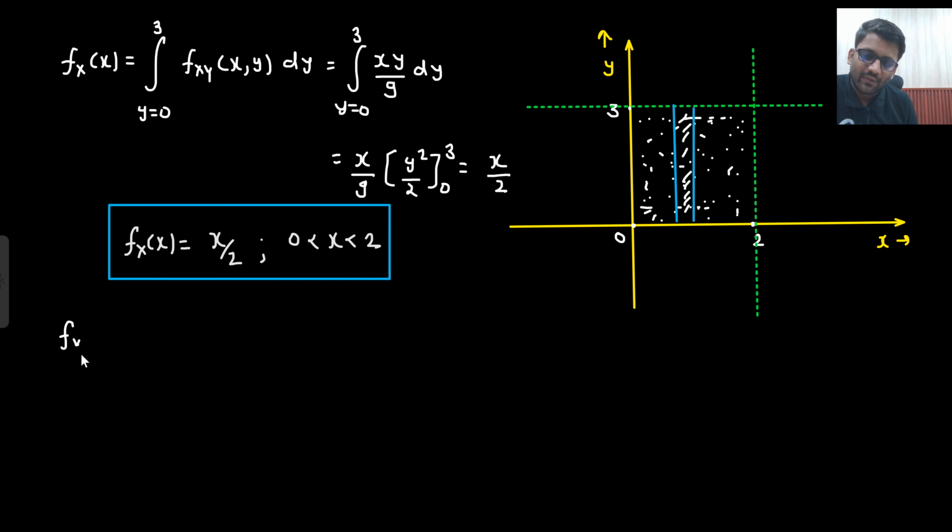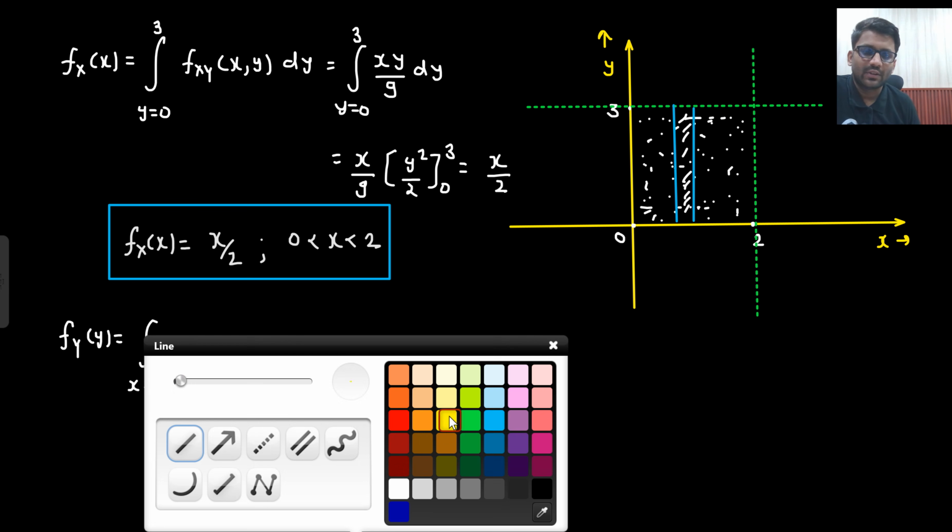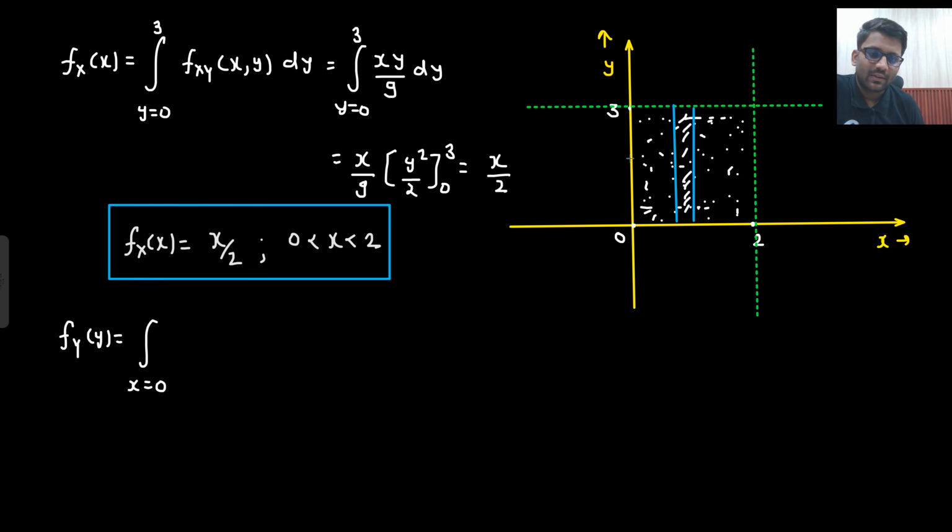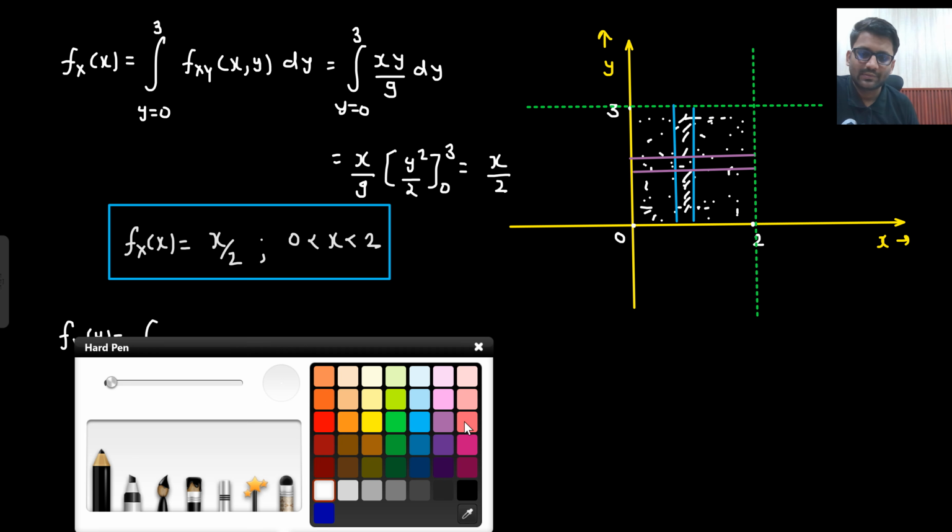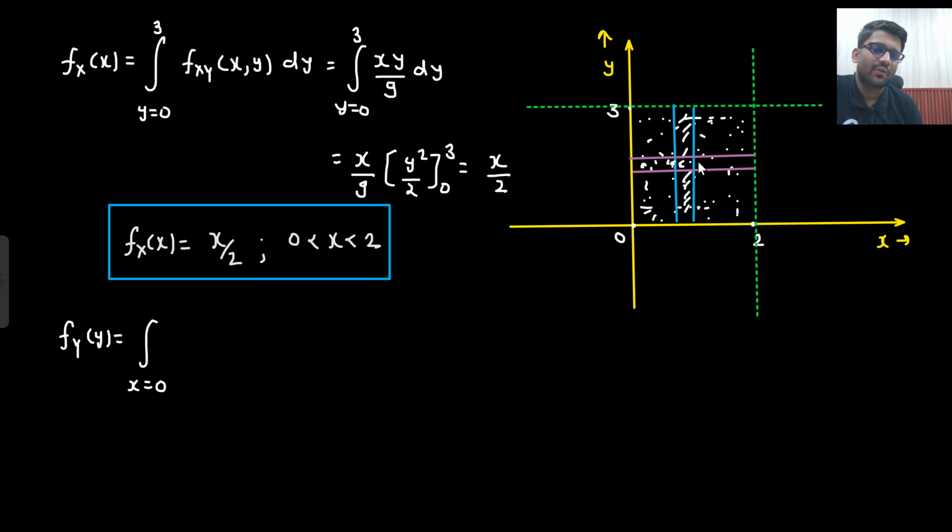And if I need to calculate fy of y, what would that be? I will take the horizontal strip, and in this horizontal strip, for y going from 0 to 3, x is going from 0 to 2. I don't need to write it down, this is very obvious.